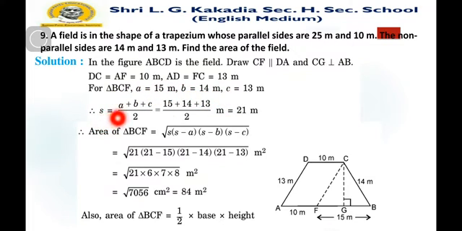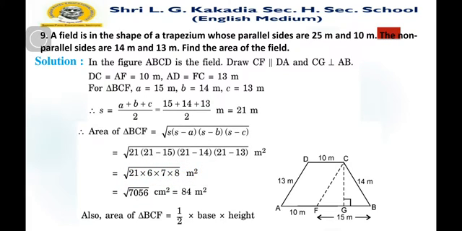So s is equal to (a plus b plus c) upon 2, which is equal to (15 plus 14 plus 13) by 2, which is equal to 21 meter. So the area of triangle BCF will be root of s into (s minus a), (s minus b), (s minus c). Putting in the values of all the sides, we find square root of 7056, which is 84 meter square.